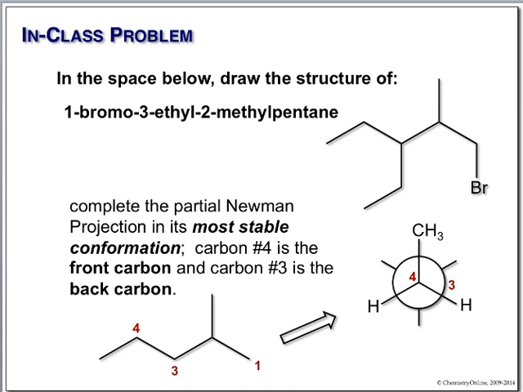All right, let's erase everything. Step one, we numbered our chain. Right? Step two, we follow directions. The directions say carbon number 4 is in front, and carbon number 3 is in back. So what we're doing is we're looking down this bond this way.